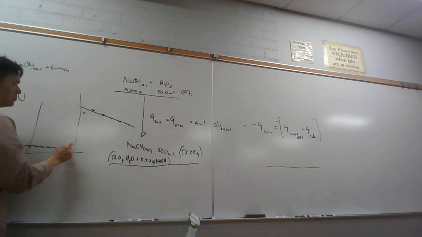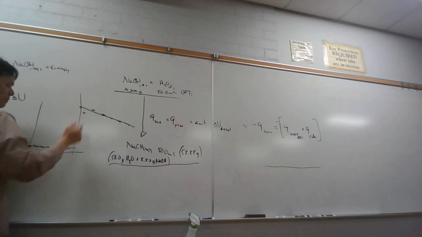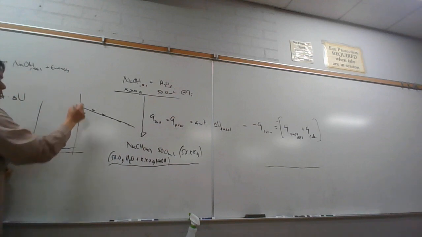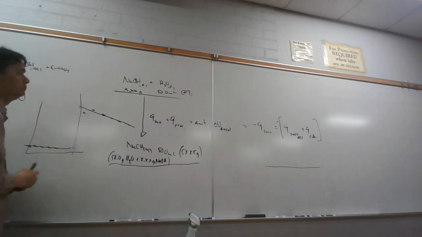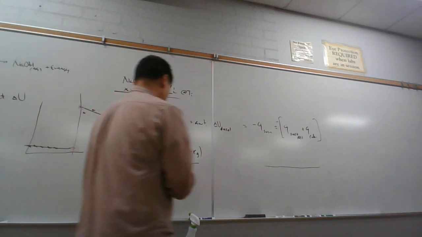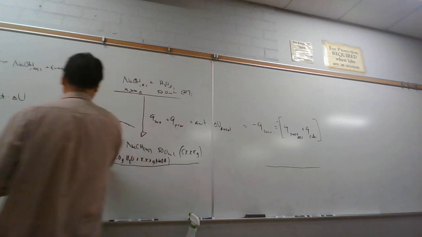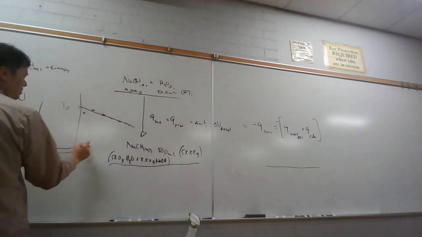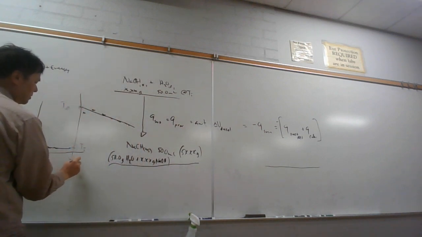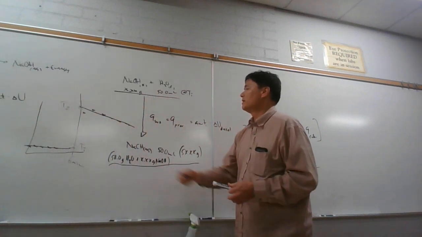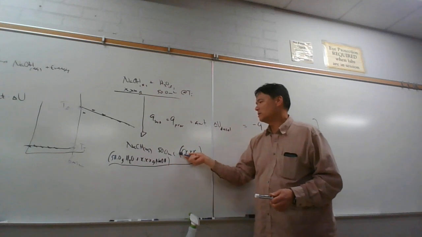And so again, we're going to do 6 minutes here to determine the final temperature. We call T final here, and the initial temperature T initial here. This is 6 minutes. All right, so eventually this is going to cool all the way back down to T initial.